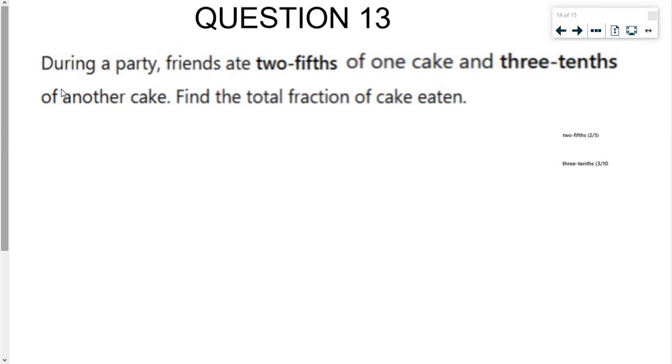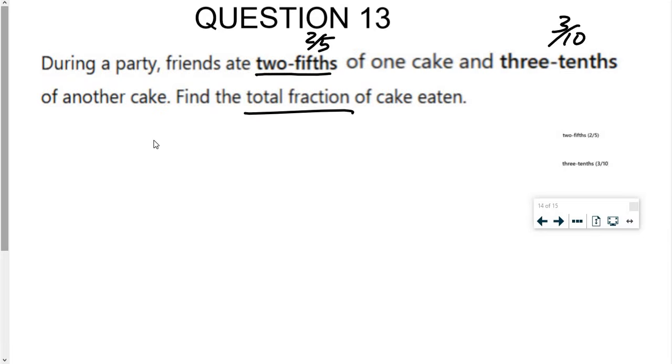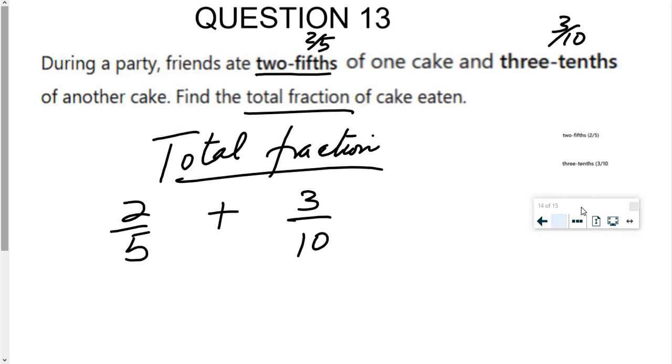During a party, friends ate 2/5 of one cake and 3/10 of another cake. Find the total fraction. So here you write total fraction, of which you're going to do 2 upon 5 plus 3 upon 10.